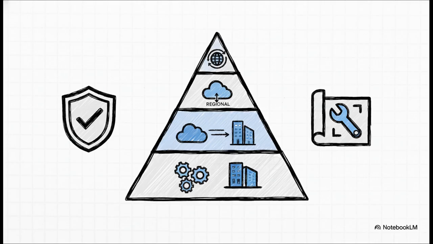To handle zone failures, we built across multiple data centers, using Multi-AZ for our databases and load balancers. For regional disasters, we chose a DR strategy and used tools like S3 replication and Route 53 failover. And at the very peak, we got global performance with the AWS Edge Network. And of course, wrapped around all of this are the absolute essentials: security to protect against attacks, and automation so we can rebuild everything perfectly every single time.